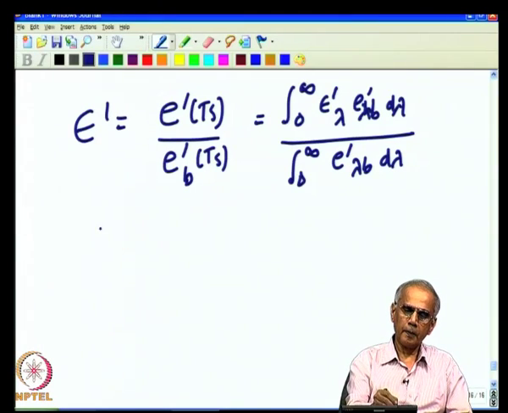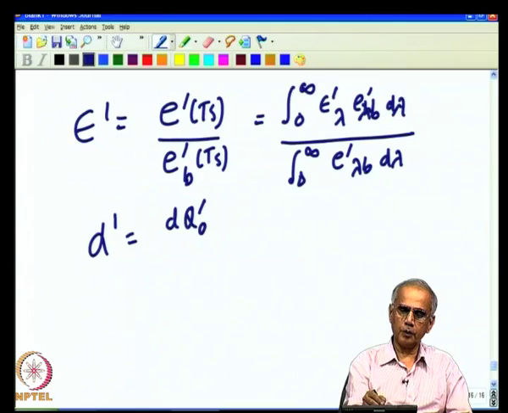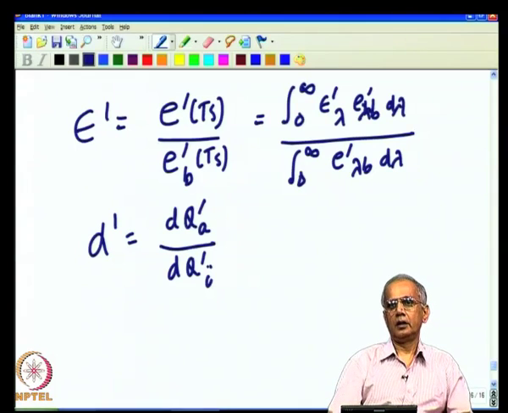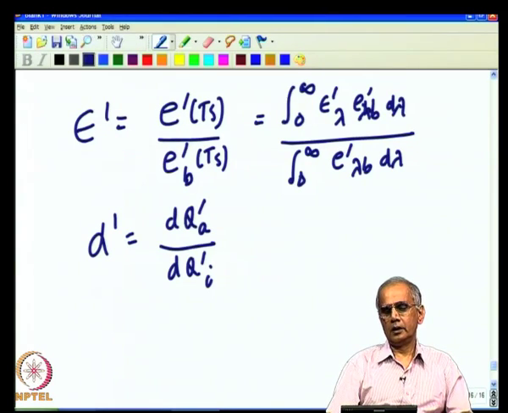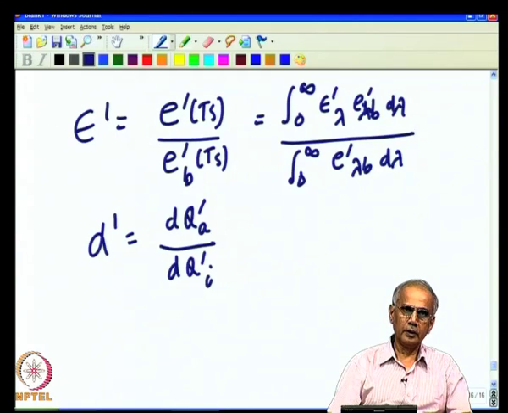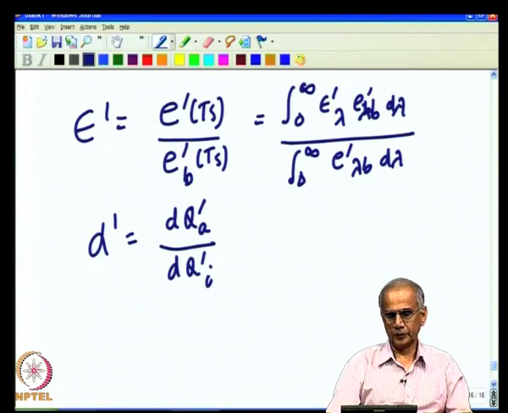On the other hand, we define the directional total absorptivity as the total radiation absorbed at that angle divided by the total radiation incident at that angle. And notice that the directional total absorptivity does not make any reference to any blackbody function.